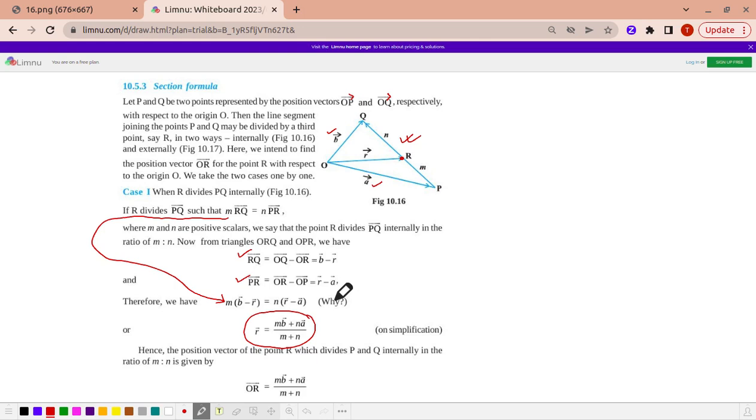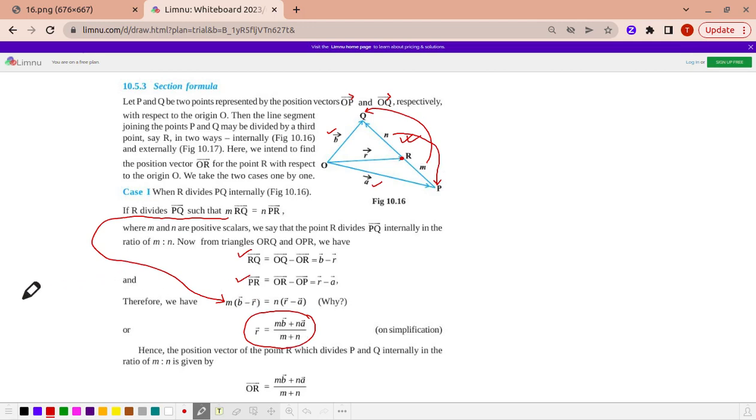That is, m times the position vector of the point Q, that is B, plus n times the position vector of the point P, that is A. That is why it is mB plus nA divided by m plus n. That is case 1, when R divides PQ internally.